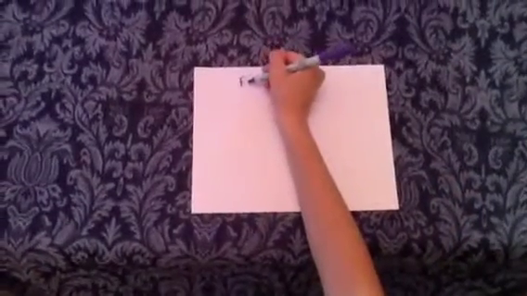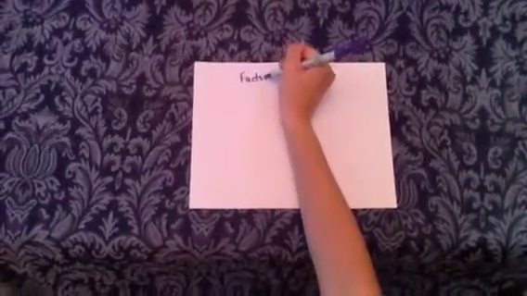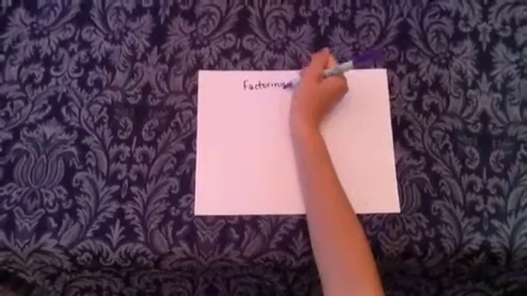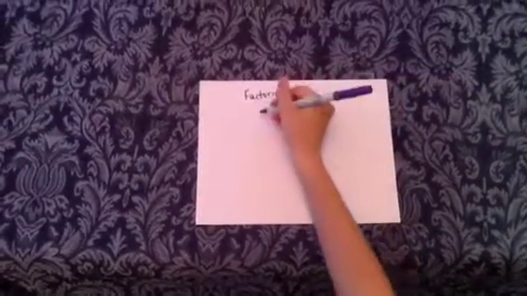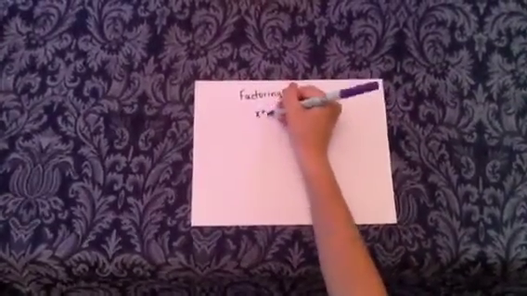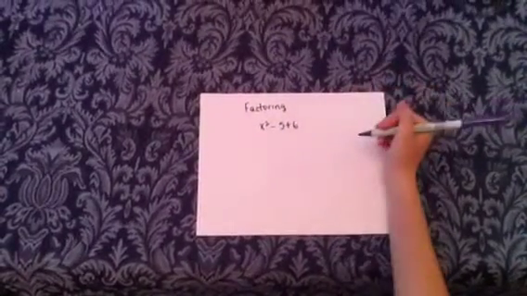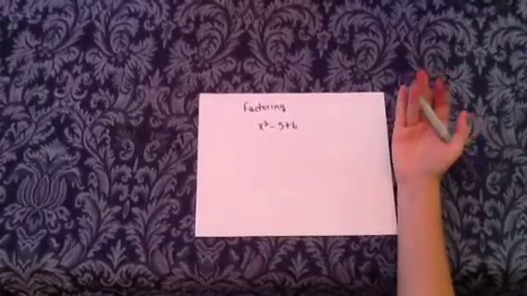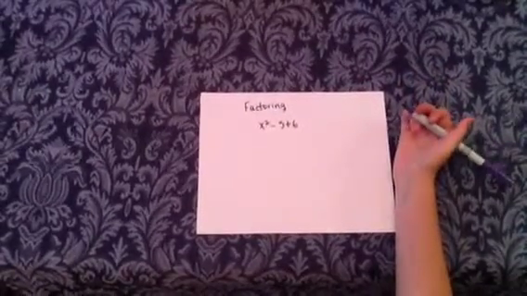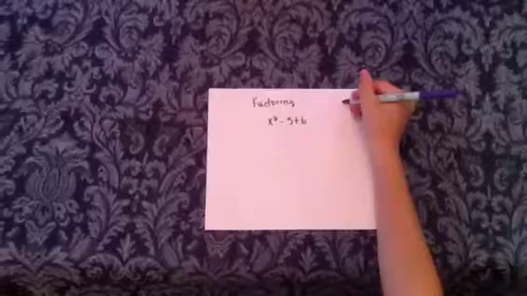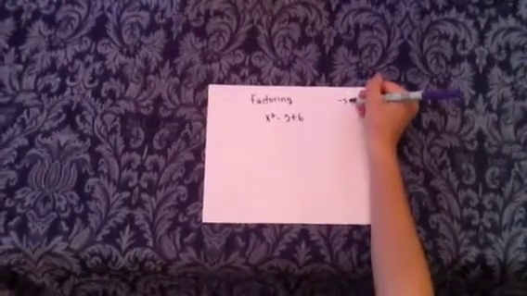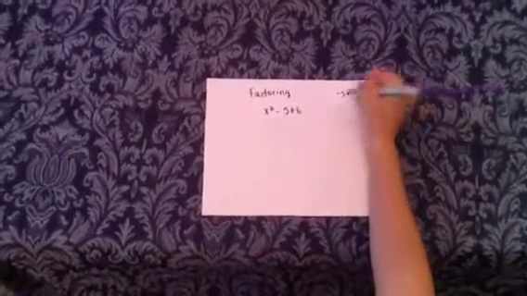Now, let's factor using the quadratic equation. Let's use an example. X squared minus 5x plus 6. Now, let's start out by finding a number that adds to get 5 and multiplies to get 6. Negative 5 and 1?